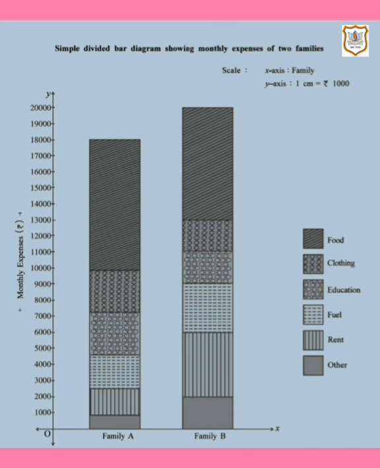You can see the bar of family A is marked up to the total, 18,000. And family B's total expense was 20,000, so it is marked up to 20,000. You can see in the bar diagram family B goes up to 20,000.